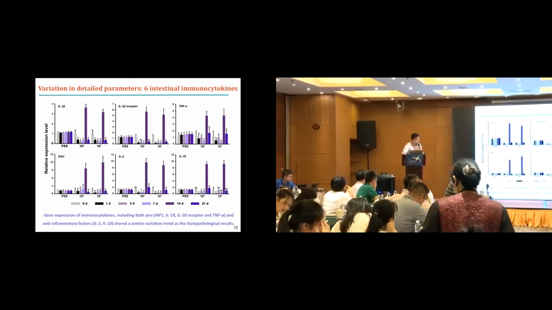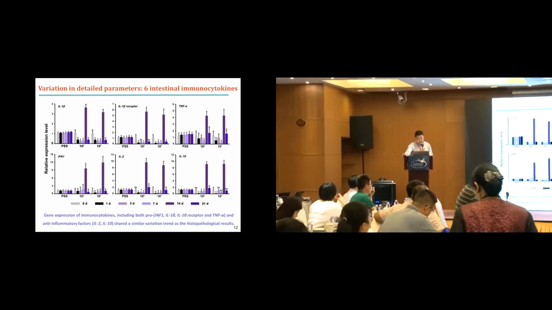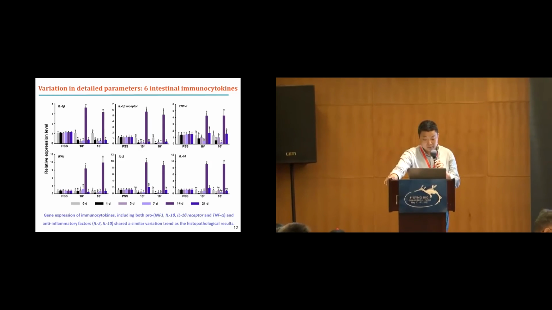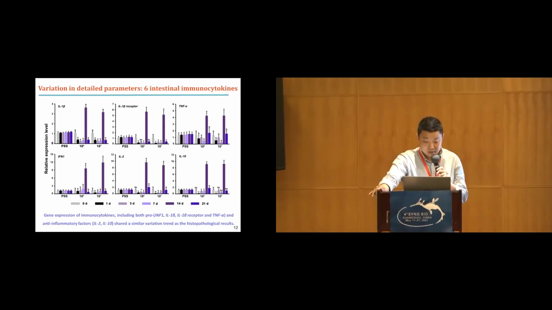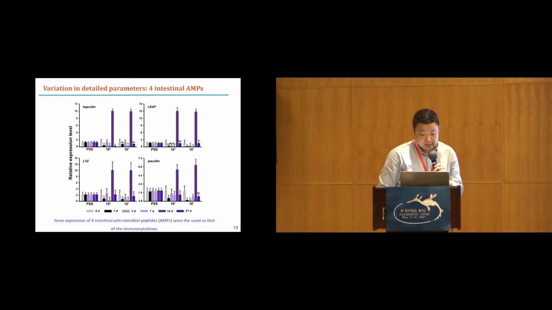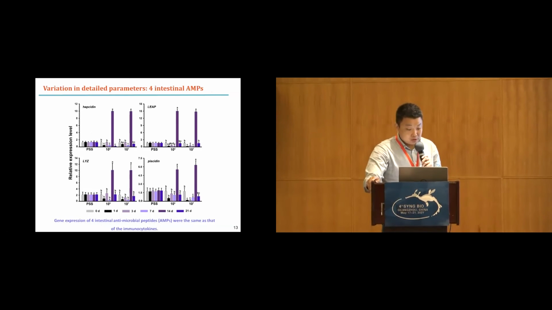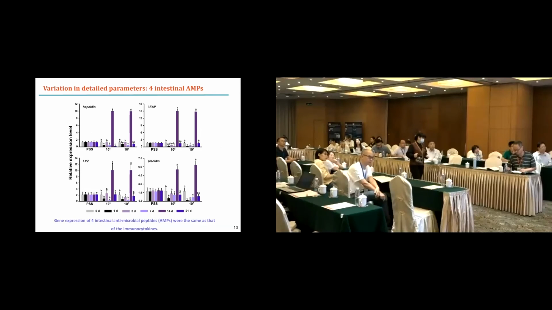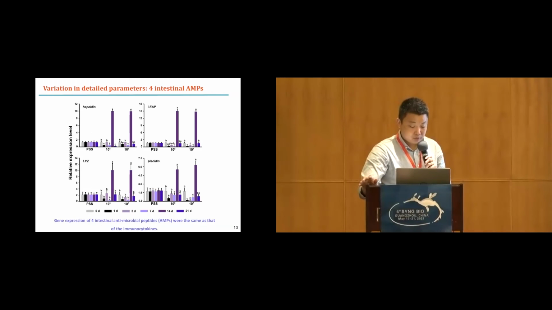We can see the gene expression of the 6 intestinal immune cytokines shares a similar variation trait with the histopathological result. And the gene expression of intestinal antimicrobial peptides is the same as that of the immune cytokines. They all share a variation pattern with a significant increase at D14 and then a decrease.